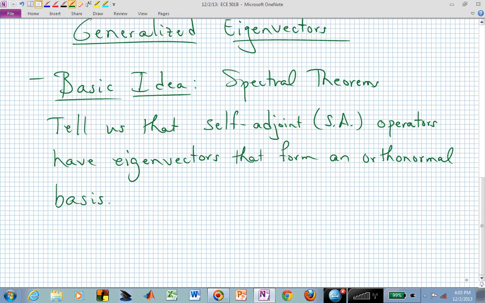And we know what that really means. We have these vectors that are orthogonal, and they've been normalized because we have these inner products to have a length of 1.